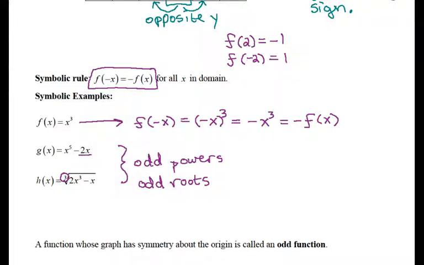Now, that includes terms like this -2x, because we know that that is really 2 times x to the power 1. So that is an odd power of x. It doesn't matter whether the coefficient is an even or an odd number. That 2 isn't causing any problems at all, as long as every power that shows up on x is a power 1.